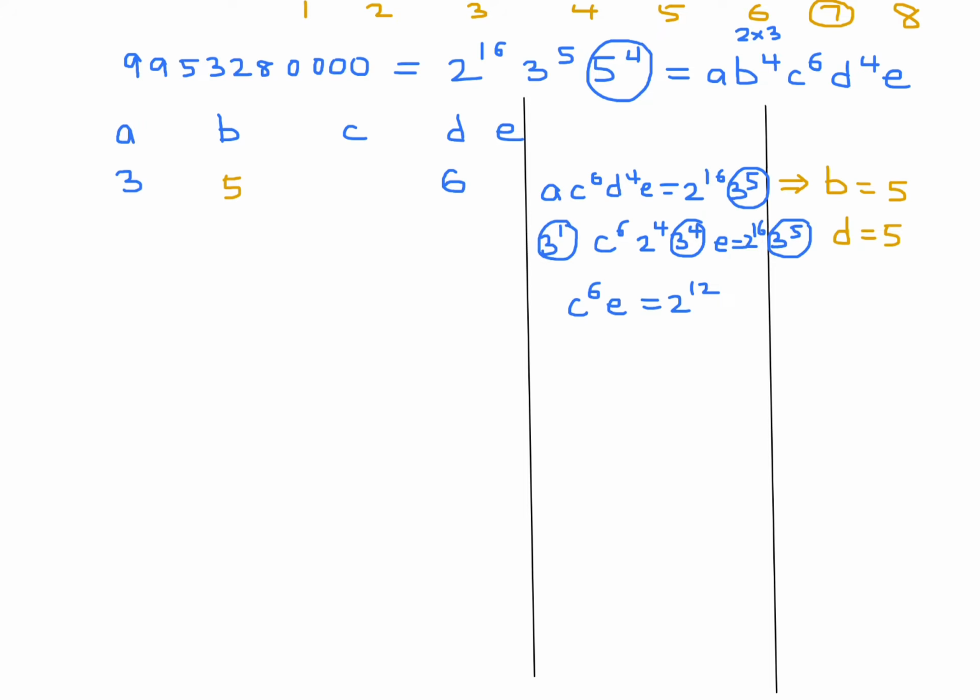Well, if my C was a 4, that would be 2 squared to the power of 6. That would do it. That would give me 2 to the power of 12. And therefore E must be 1. So there we go. It's really just that kind of trial and error. There isn't actually any mathematical way of doing it. It's just plugging in numbers.